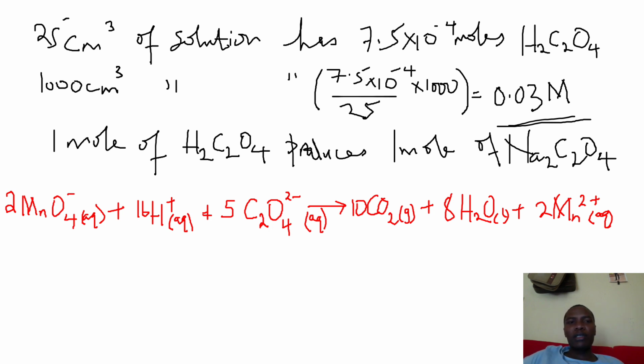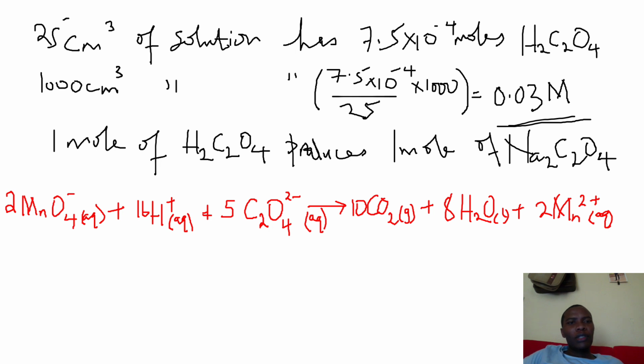We know very well that the permanganate will always decompose to give us water and manganese 2. That is the half equation. Then oxalate ions will always give us carbon dioxide. Remember, the permanganate requires 5 electrons, and when you look at the oxalic acid, it will produce 2 electrons.